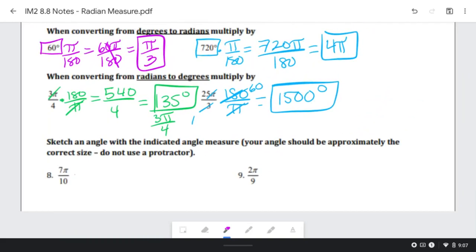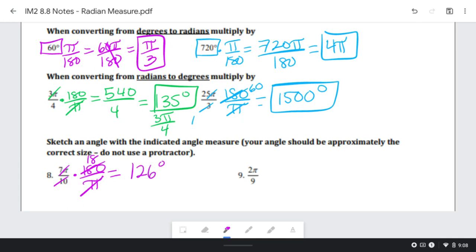But if I convert it to degrees, then I'll be able to estimate where that would be in a protractor, where that would be in a circle. So these are going to reduce. That's going to be 18. So it's 18 over 10 simplifies. And so 7 times 18 is 126 degrees.